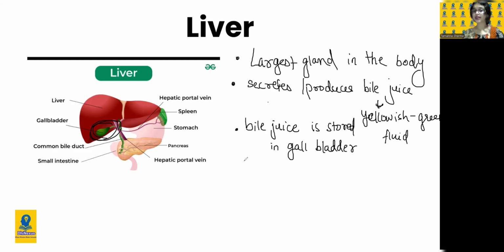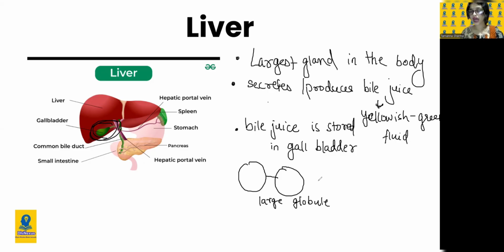Now, what does bile juice help in? It does not digest the food, okay? It does not even contain a digestive enzyme. But usually when the food from the stomach comes to the small intestine, the fat is in large and complex globules.